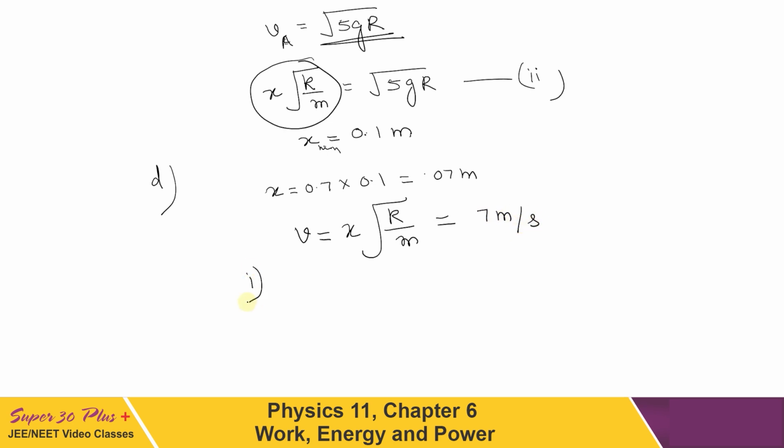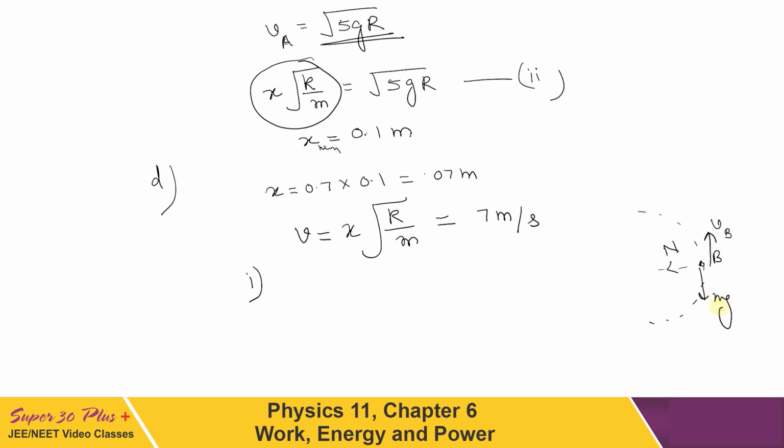Now in the first part it is saying as the ball reaches B, let its speed be VB. This is the point B here, and the speed at this point is VB. Now what conditions will be there? Of course the normal has to be in this direction towards the center, and mg will be in the vertically downward direction.